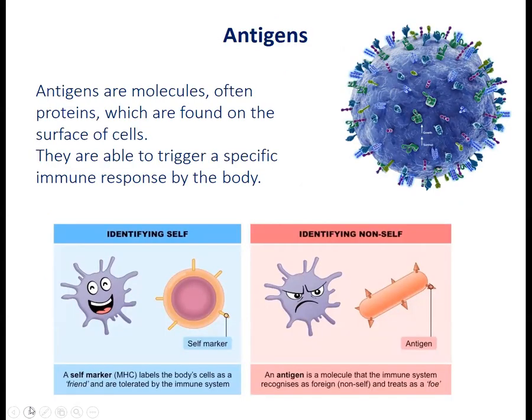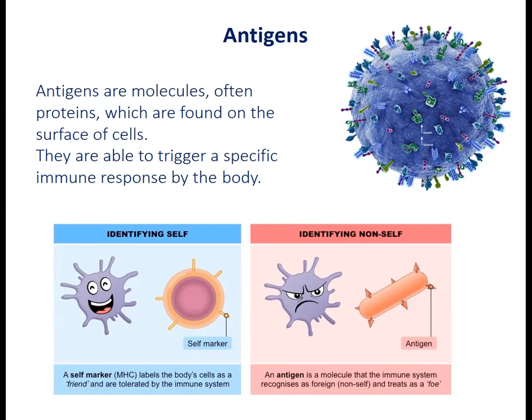Okay, so all cells have antigenic markers or antigens on them. They're usually made of protein. You can see here that some of these will be antigenic markers. And basically, to simplify it, there are self and non-self antigens. So your immune system is looking out to see if there are any pathogens in the body that have non-self antigens.